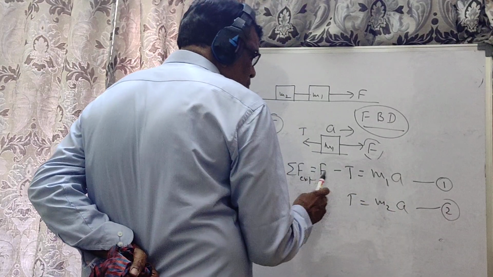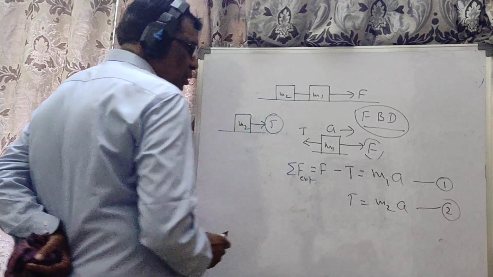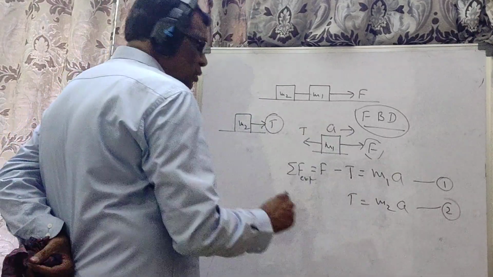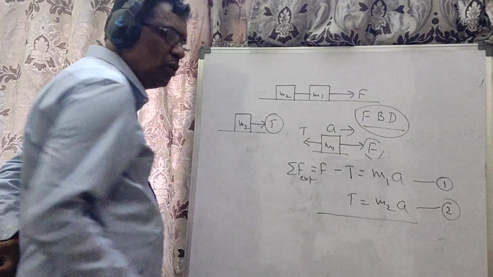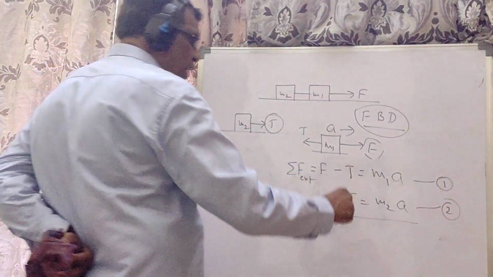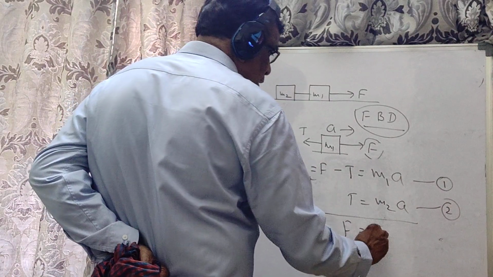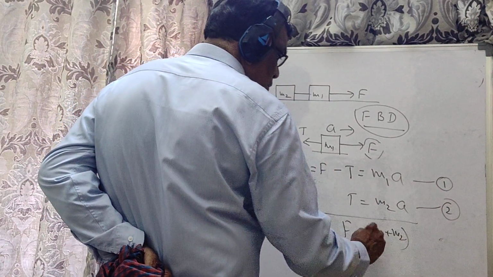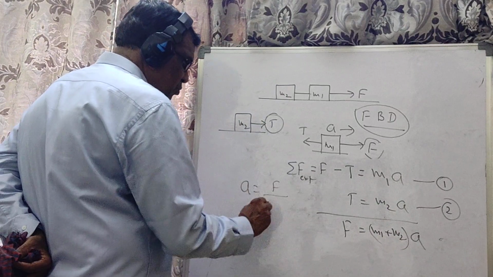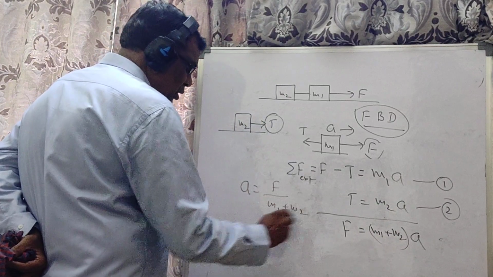How many variables? A is a variable, right? T is a variable, F is known, is already given. You have to solve using your simultaneous equations technique. If I add these two, I will get M1 plus M2 into A, or A is equal to F by M1 plus M2.